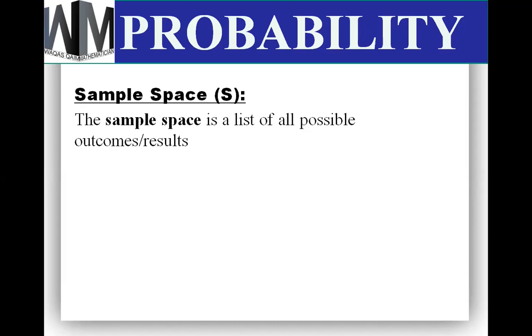So the list of all those chances is called sample space. For example, if there is a match between Pakistan and England, just tell me what could be the result? I'm waiting for your response.